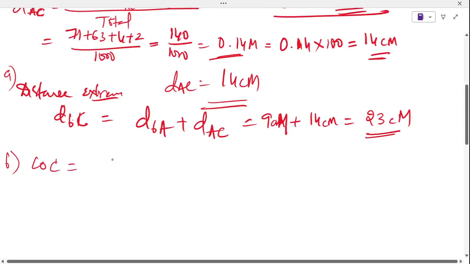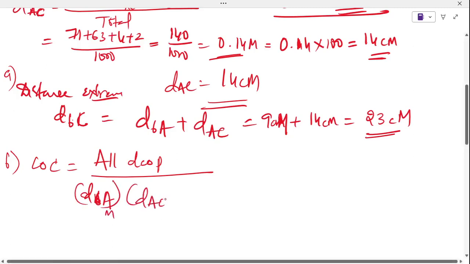Coefficient of coincidence: the formula is all double crossing over product divided by the distance between BA in Morgan times the distance between AC in Morgan times the total. We already know that all double crossing over product means 4 is one double crossing over and 2 is the other double crossing over product.